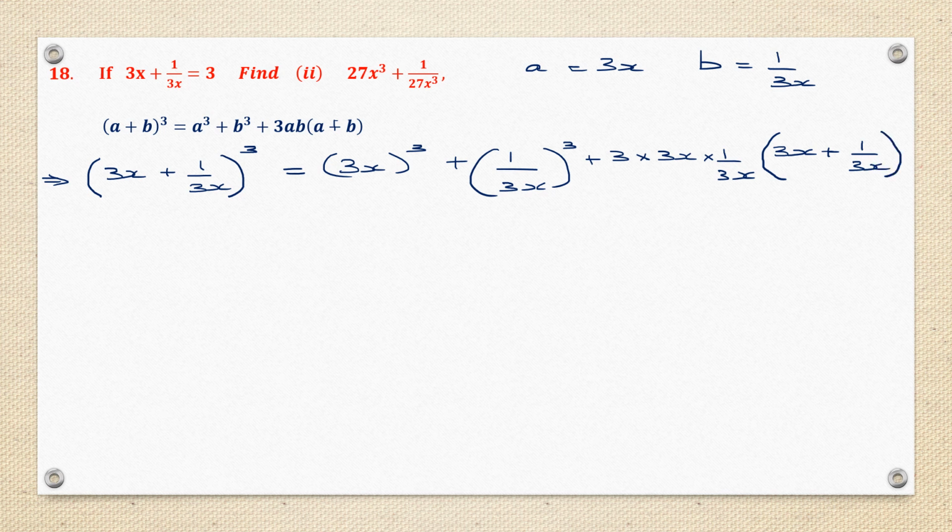Now let's simplify this. Here 3x plus 1 by 3x is given in the question as 3. So that will be 3 raised to the power of 3.